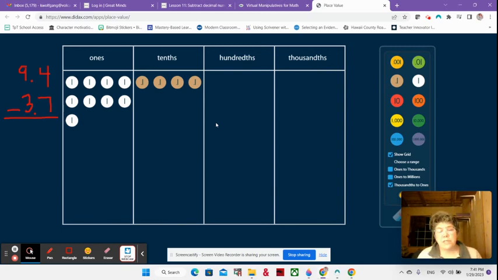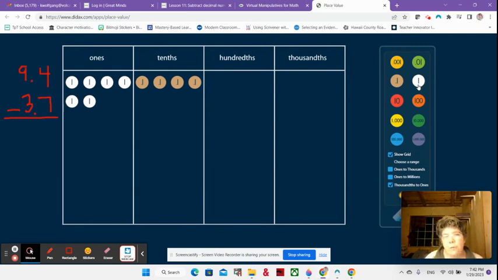Okay, and this is subtraction, so I don't need to put in the 3 7/10 because we're going to be taking it away. All right, so 9 minus 3, right? Can I take away 3 of those ones? Sure, I can. 1, 2, 3. Okay, so 9 minus 3 is 6, right? Okay, we're good so far.